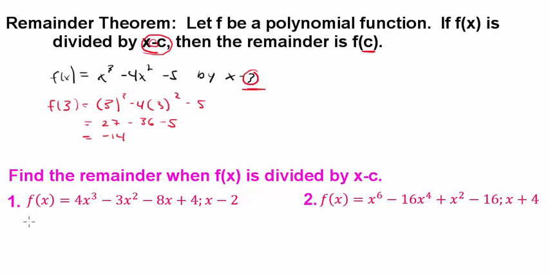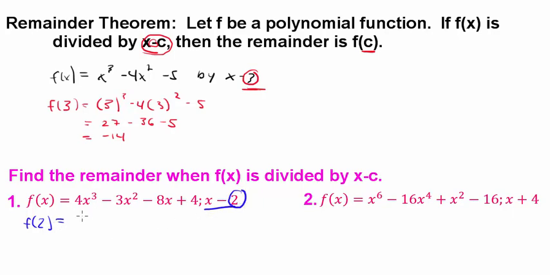So down here I have f of x equals 4x cubed minus 3x squared minus 8x plus 4, and in other words, we want to find the remainder when f of x is divided by x minus c. In this case, x minus c is x minus 2. So we are going to evaluate the function f of x at 2. So remember, you're looking at 2 in this case.